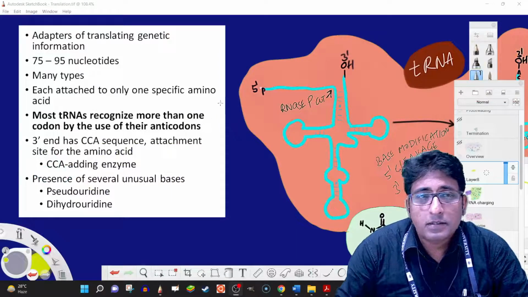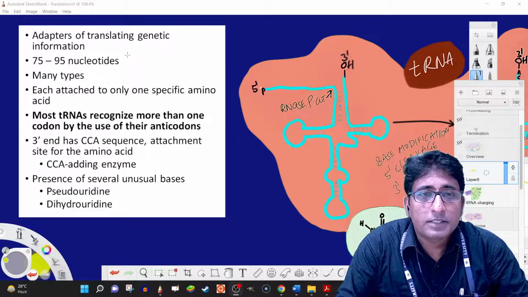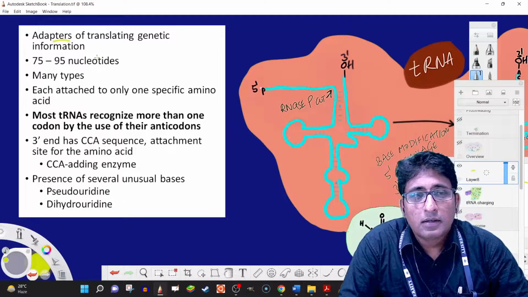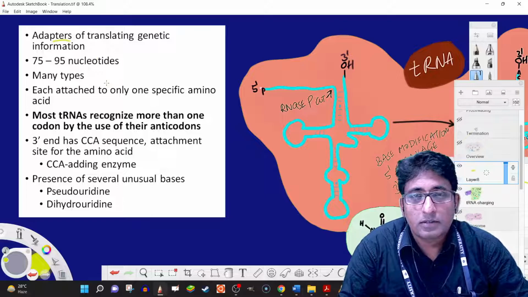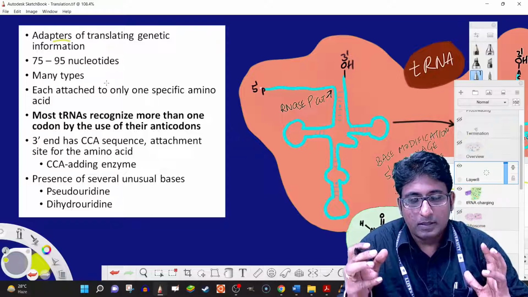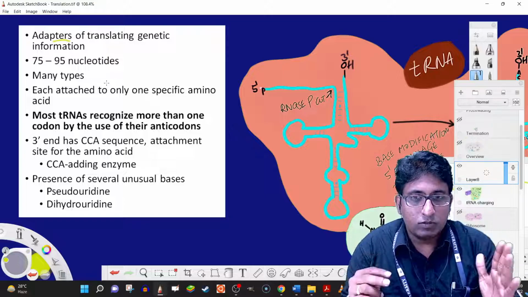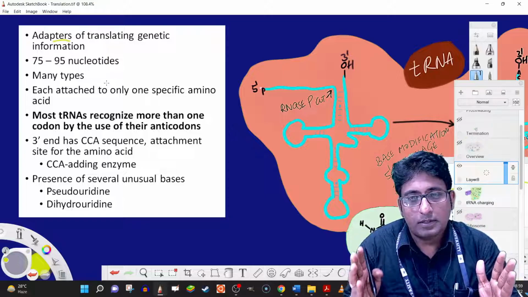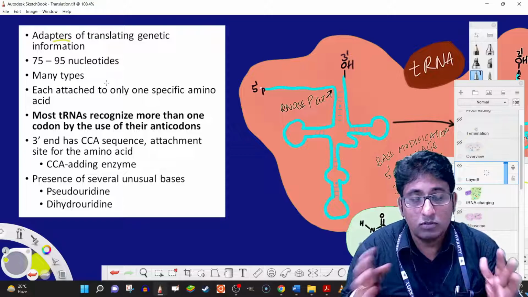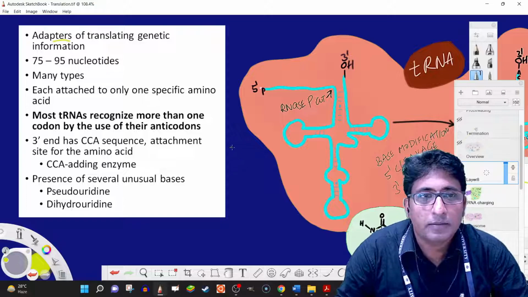So in translation, the tRNAs are called adapters for obvious reasons, because there are two languages, the language of nucleotides and the language of amino acids, and the central molecule that connects these two is tRNA.